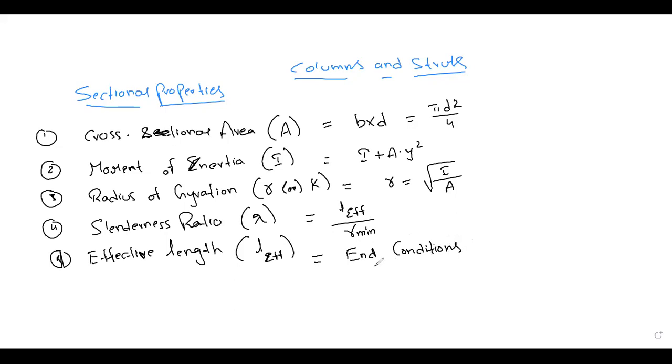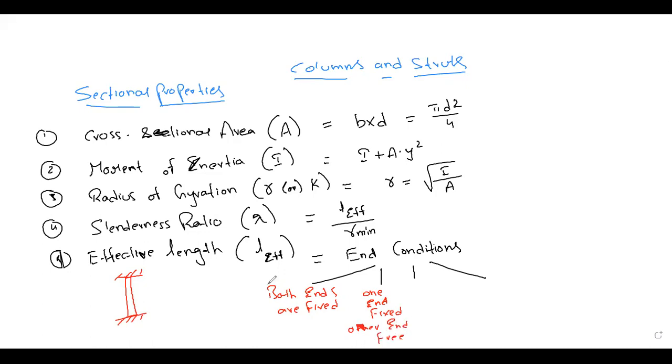So basically end conditions are classified into 4 categories, right? First condition is both ends are fixed. So that means, let us take a column with both ends fixed like this. Okay, so this is one end condition. Understand? And the next condition is one end fixed, other end free.